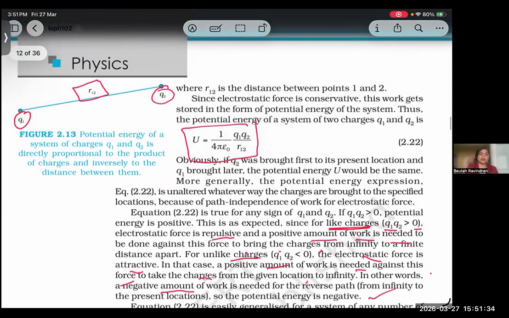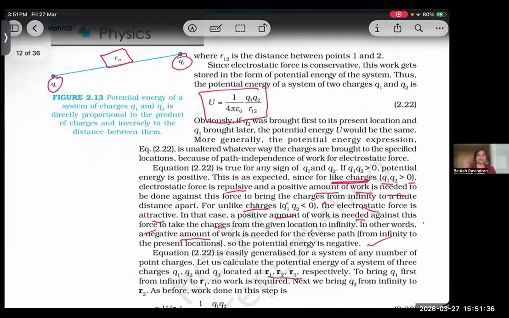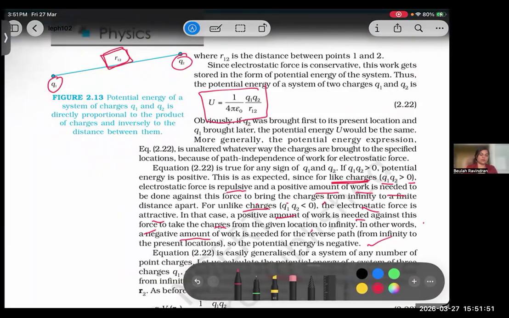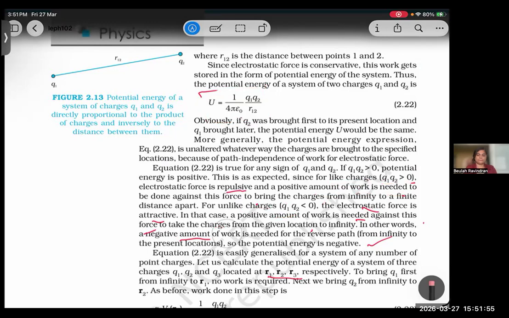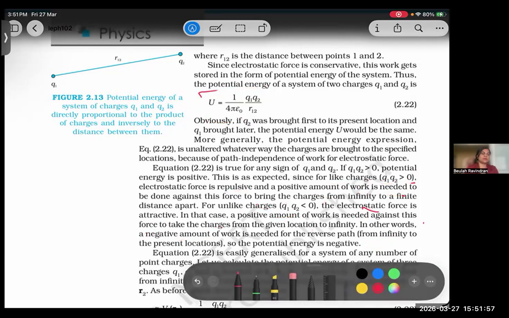You have to analyze the concept in this manner. You are considering Q1 and Q2 at the distance R12. This is the position vector. Already we have learned about this position vector.